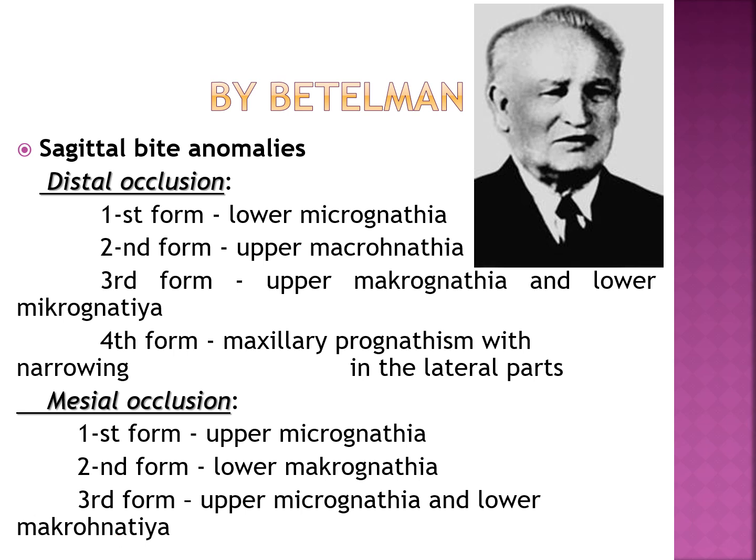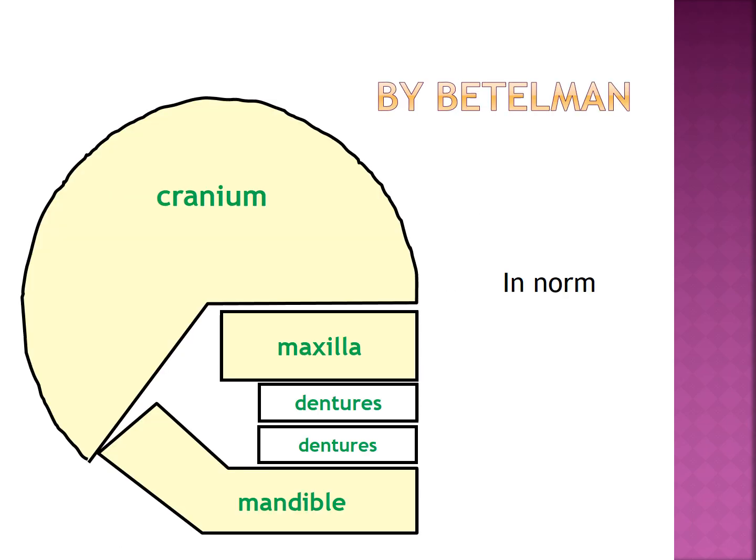Now I will show you it in schemes. There schematically shown cranium, upper jaw with teeth, and lower jaw with teeth. And they are shown in normal physiological correlation between these parts.